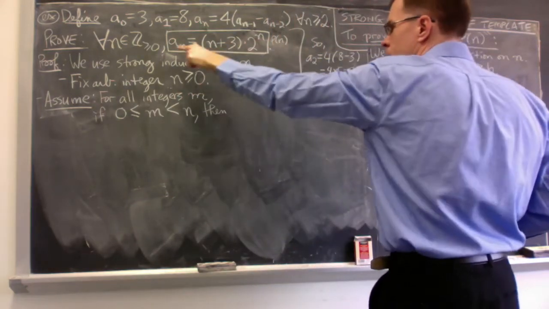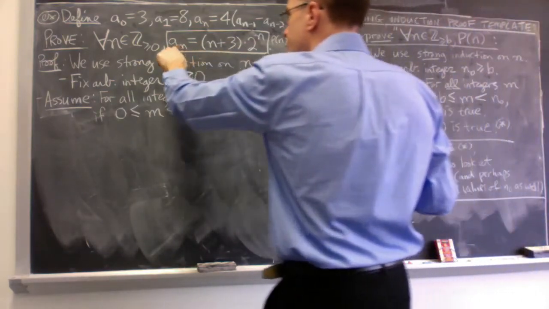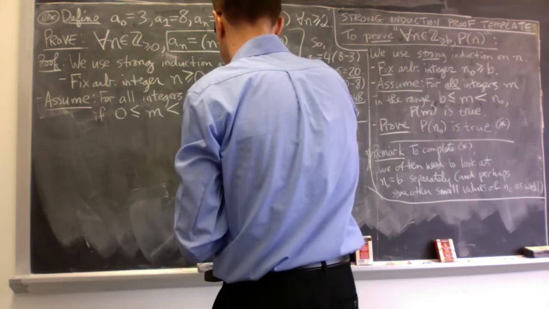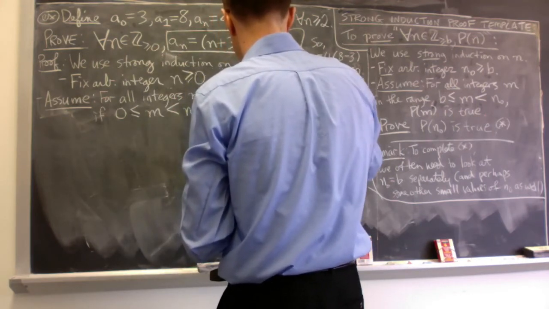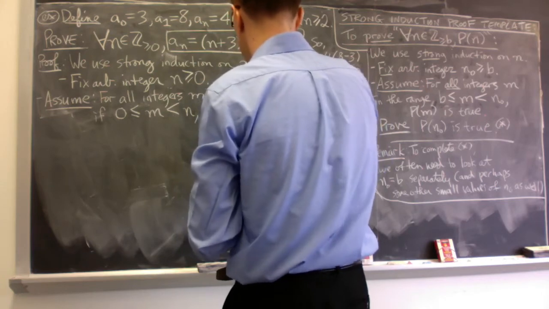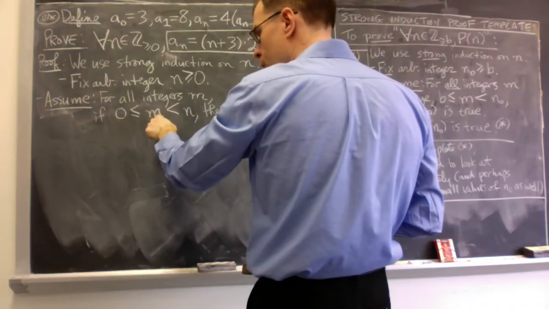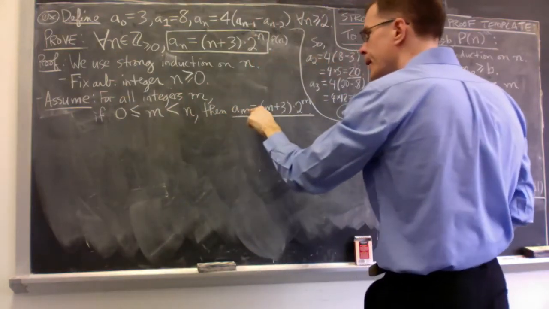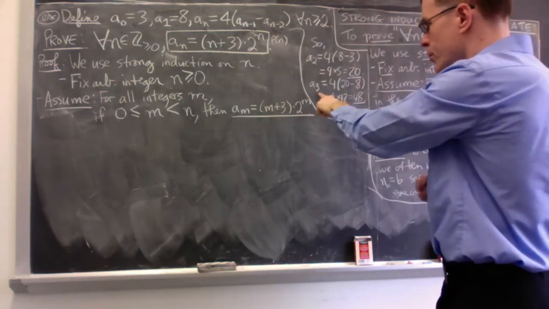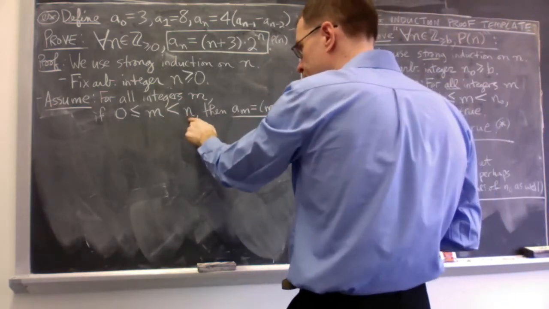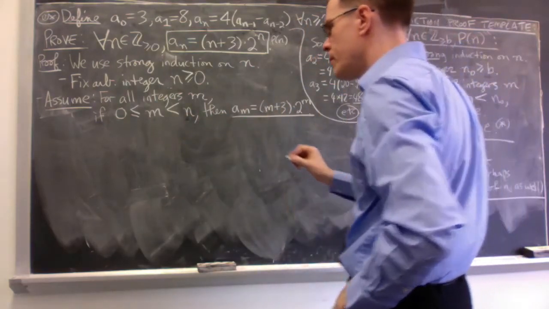And therefore, p of m is this same statement with n replaced by m. So we get to assume for a whole bunch of m's that am is m plus 3 times 2 to the m. Like every value of the index of the sequence going up to but excluding n, we can assume we already know that.